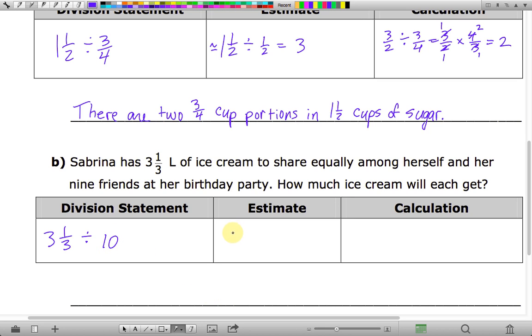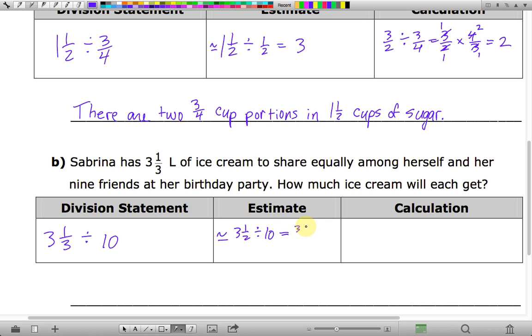So if you're looking to do this approximately, you'd say 3 1/3, well, it's close to 3 1/2. And if we're dividing by 10, then you'd say that, well, 3.5 divided by 10 would give us 0.35.